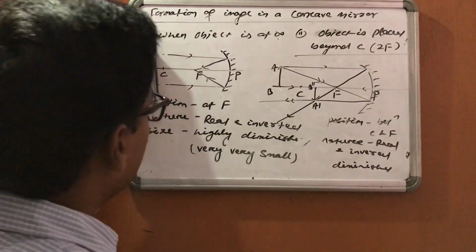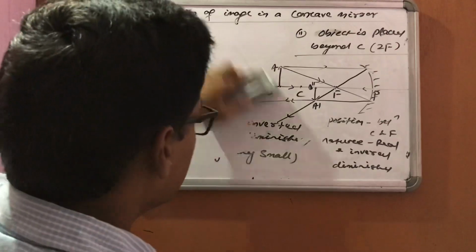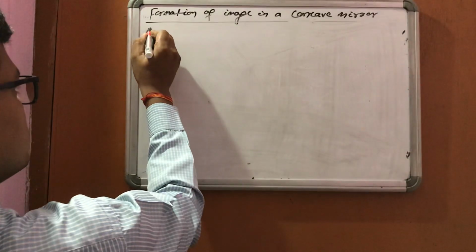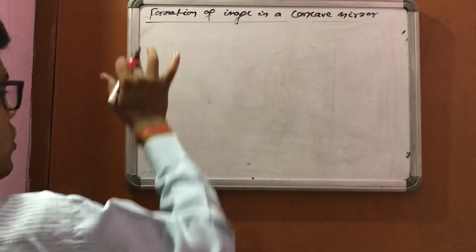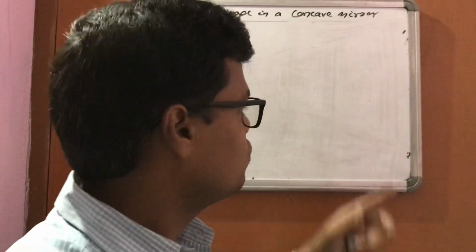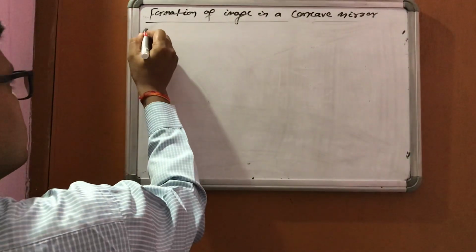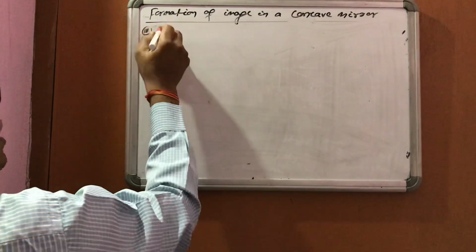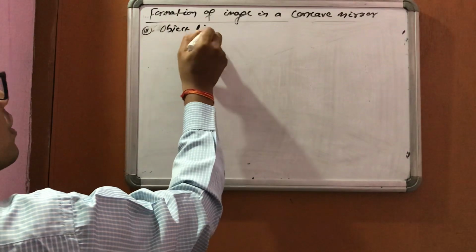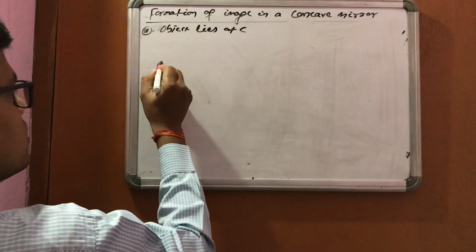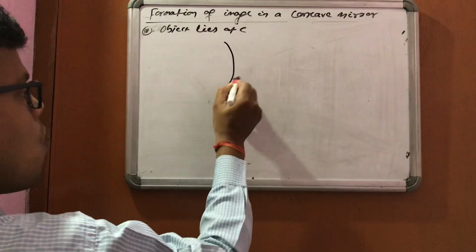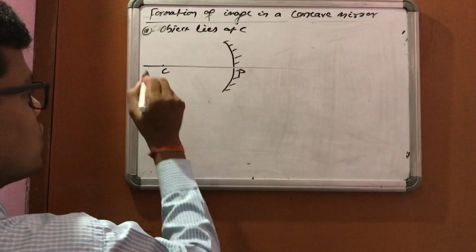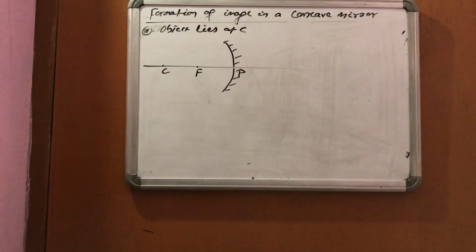Okay. Come to the third point. Before going to the third point, here it will be better to draw this. Third is when the object lies at C. Pole, center of curvature, midpoint is the focus.